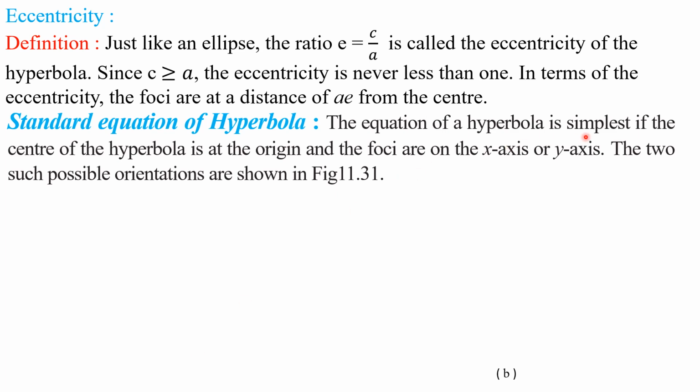The hyperbola should be in this standard position. A hyperbola is said to be in the standard position if the center of the hyperbola is at the origin and the foci lie either on the x-axis or on the y-axis. Then the equation of the hyperbola is said to be the standard equation of the hyperbola. Understood this point, my children?